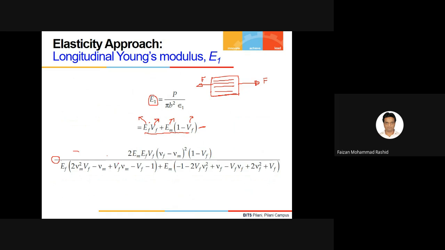And in this you have other physical quantities also. You have volume fraction and the Young's modulus of fiber and matrix. Along with that you have volume of matrix, then you have volume of fiber.